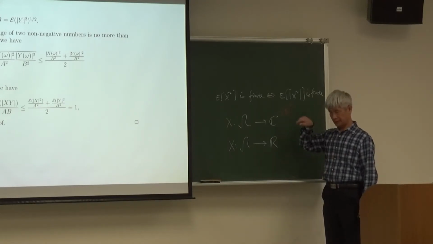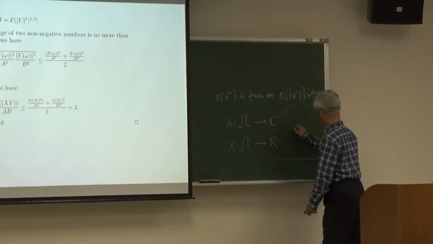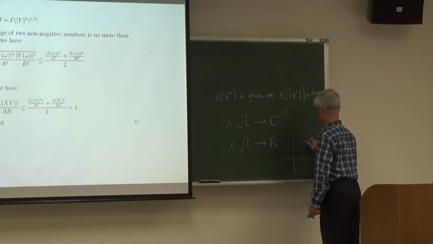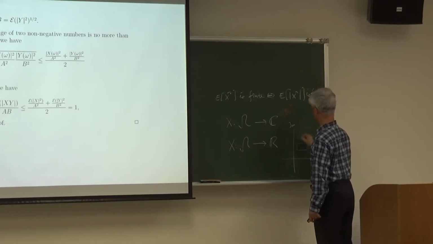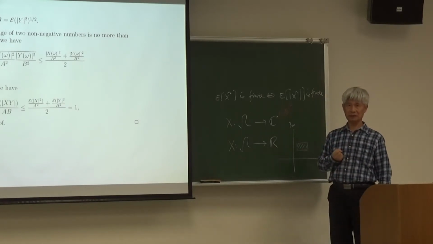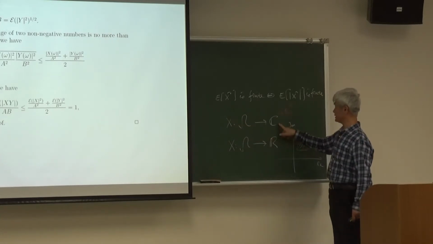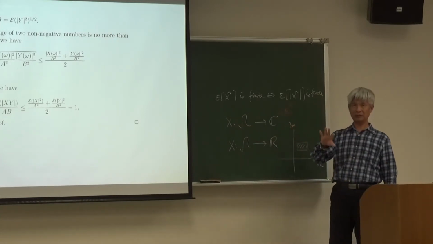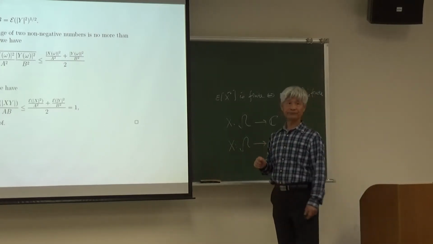For example, in the complex plane, a rectangle here. This is the real part. This is the imaginary part. So this region is a Borel set. Okay, and the inverse mapping for a Borel set in C should be an event in F.